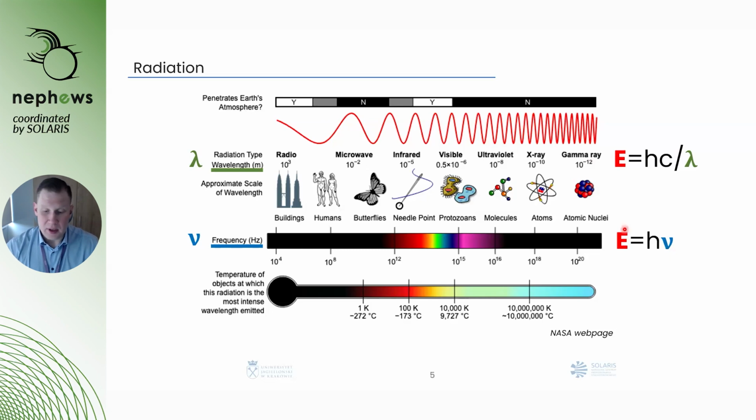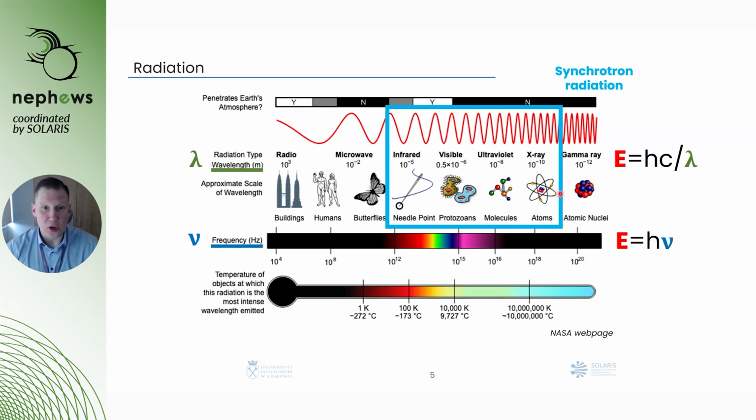And when we speak about synchrotron radiation, we actually use the values of energy of synchrotron radiation. If we look at this blue frame, we can see that synchrotron radiation exists in a very wide range of energies of photons which can be produced by the synchrotron as the machine.